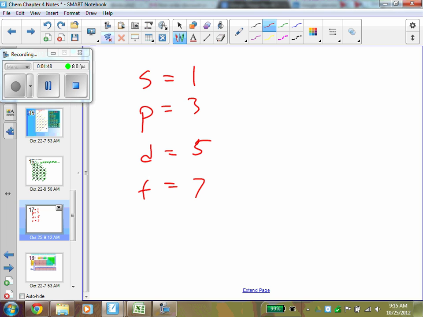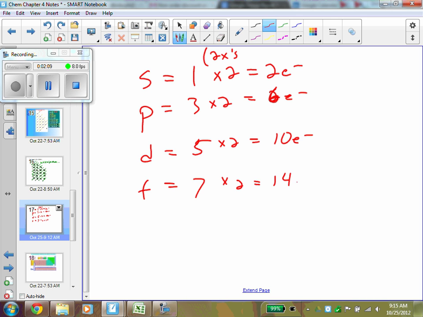Now, if there are 2 electrons per orbital, as I mentioned on the previous slide, then I just multiply each number by 2 to figure out the maximum number of electrons that can fit in each sublevel. That's 2, this is 6 electrons, this is 10 electrons, and this is 14 maximum electrons. That means you can have less, too. You just can't have more than 2, 6, 10, or 14 per sublevel. So that's the breakdown there.